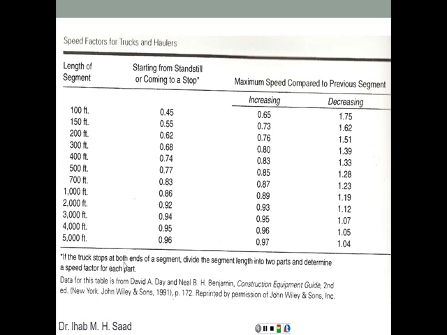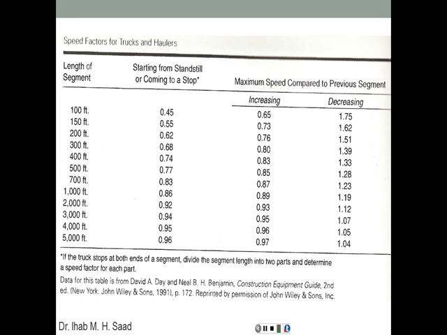If the truck stops at both ends of a segment, divide the segment length into two parts and determine a speed factor for each part. So if, for example, we have a flat road segment of, let's say, 700 feet, the truck is going to travel 700 feet.